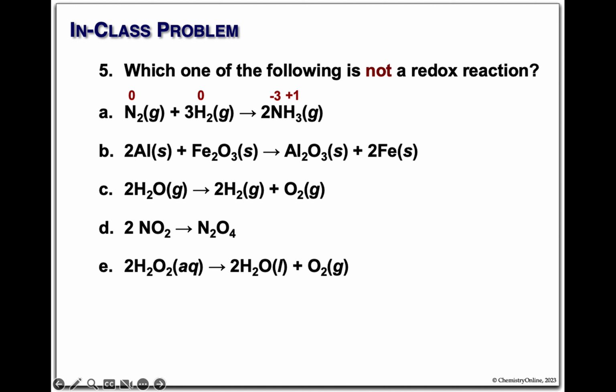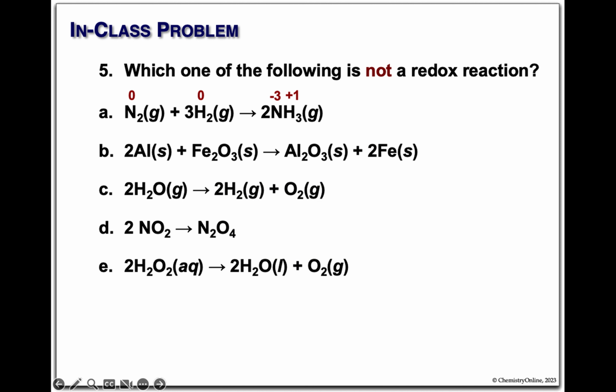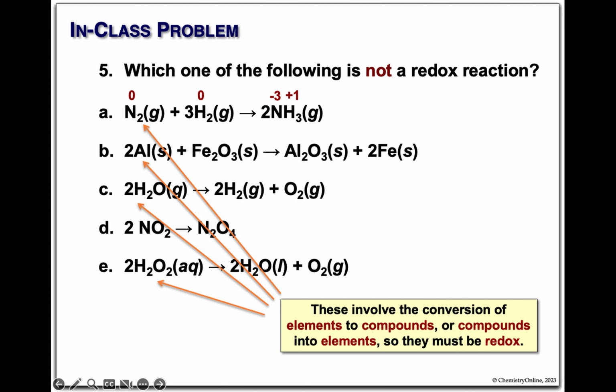So, element, redox, element, redox, element, redox. All of these except D are going to be redox, simply because they have an element. So let's look at D, just to make sure we're doing this right.